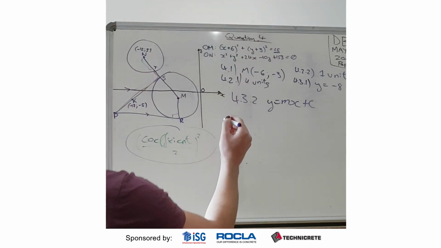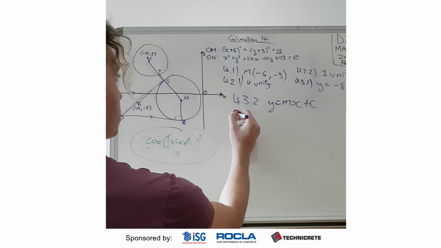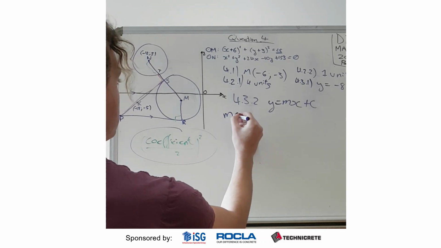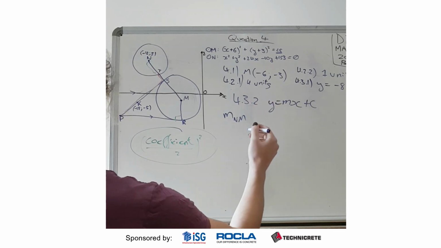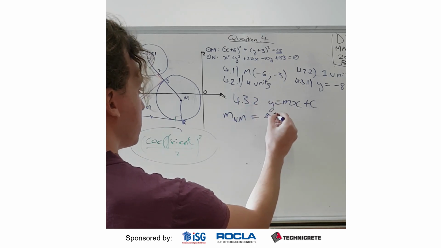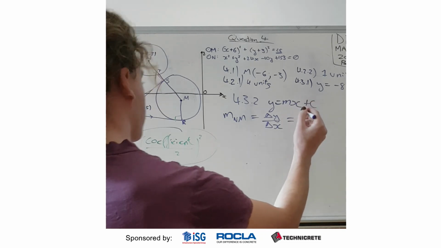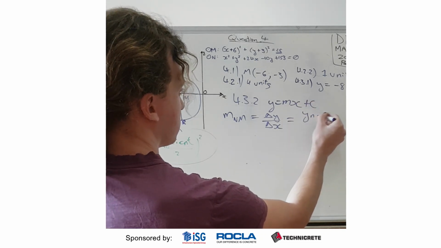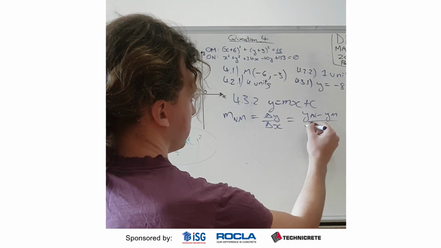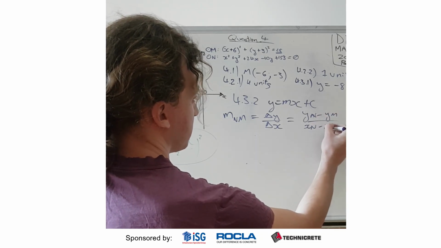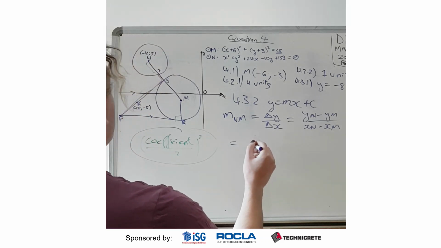So, the gradient of the line nm is the change in y over the change in x. Right? So that's the one y minus the other y over 1 x minus the other x. Okay?